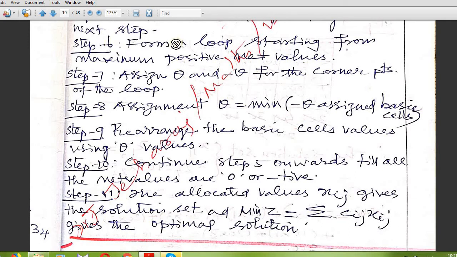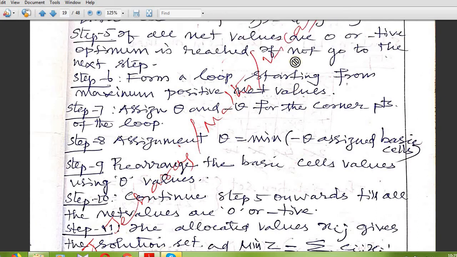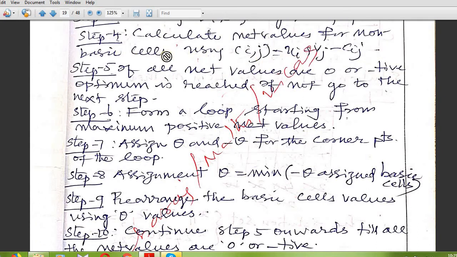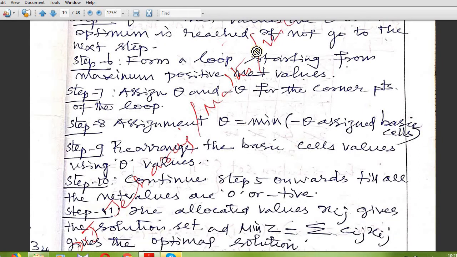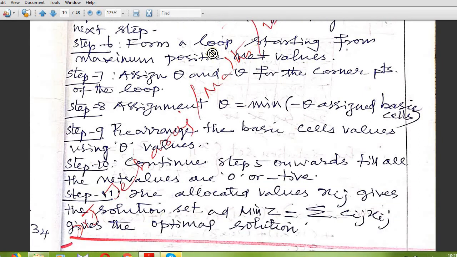Now we have to form a loop starting from the maximum positive net value. In step number 4 we are calculating net values, so those net values we have to give importance to. From that point we have to form a loop starting from the maximum positive net value.